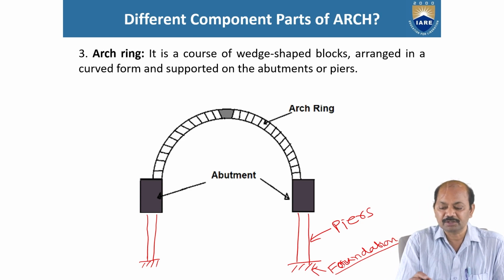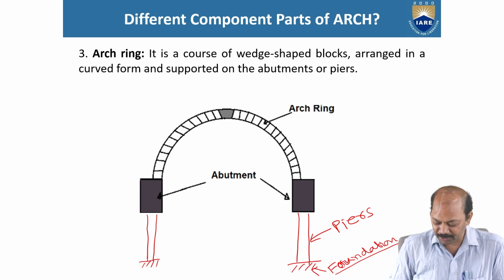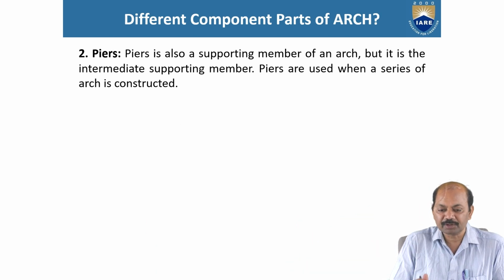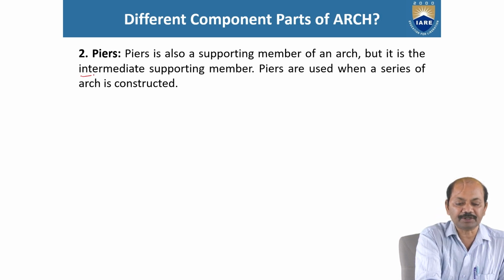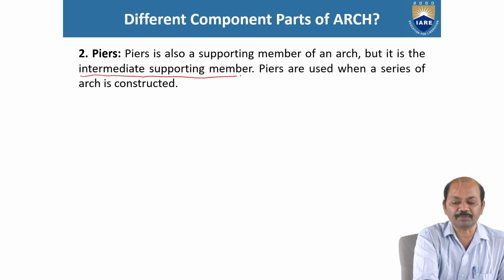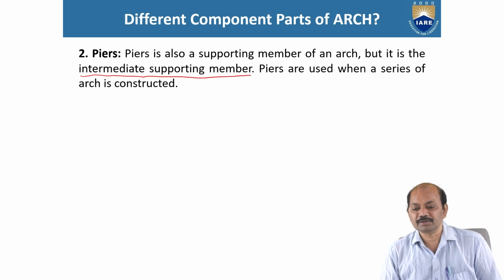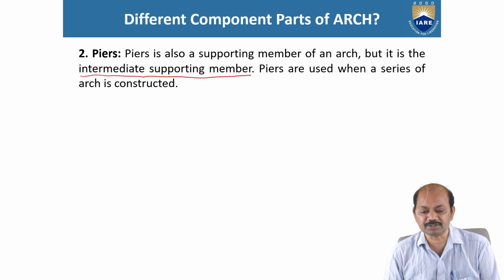That is why it is called intermediate supporting member. Piers are used when a series of arches is constructed.